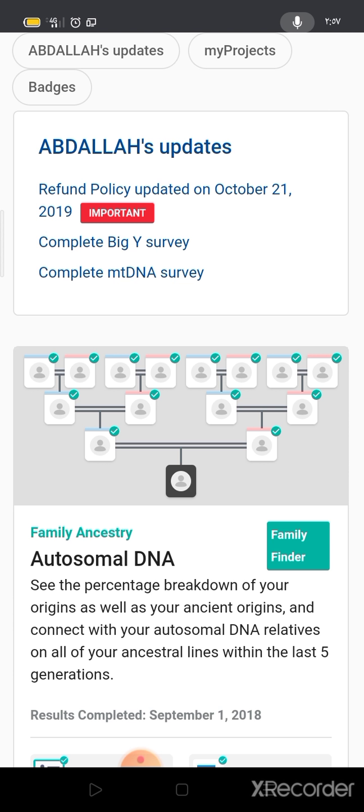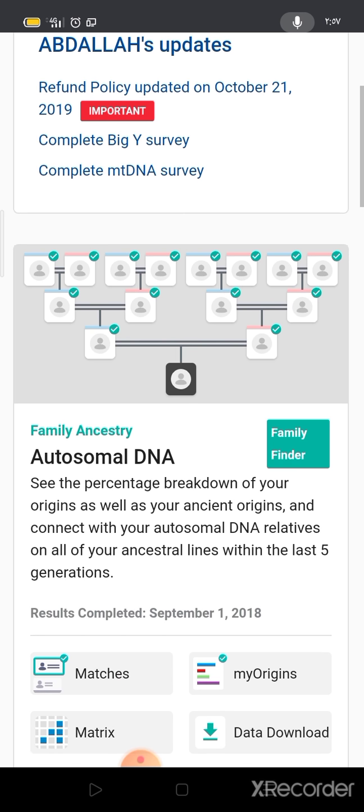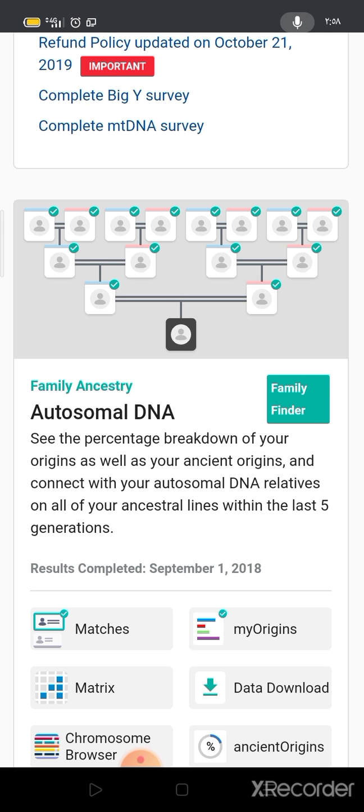So there is no effect of the women and grandmothers on this line, only paternal. The people who test this should be only males, because females don't have a Y chromosome. If a female wants to know about her paternal line, it is better to test her brother, her father, or her cousin, the males who share the same paternal line.